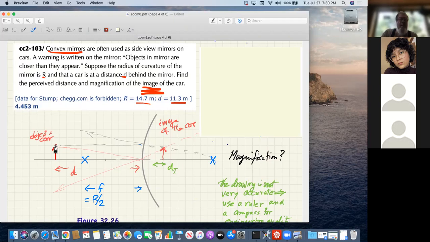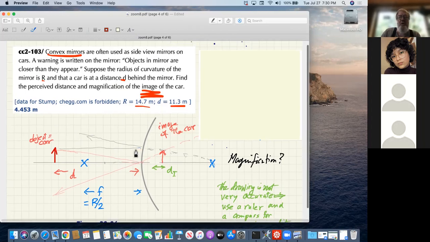A ray of light coming from the arrow in the direction of the axis of the mirror will reflect from the mirror and come off in this direction. The law of reflection holds where it reflects, so there are equal angles between the incident ray and the outgoing ray coming from the tip of the arrow.